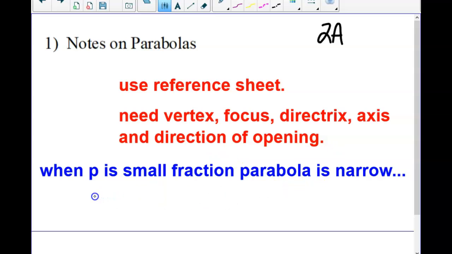And bottom line, guys, if P is less than 1, just draw a narrow parabola. I am not going to be super picky. Years past, I made students find me at least 2 ordered pairs, even if they were ugly. I'm not going there. We're going to make this painless as we can. I'm really okay if you don't write much here.